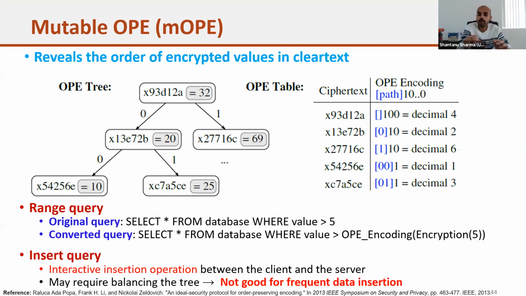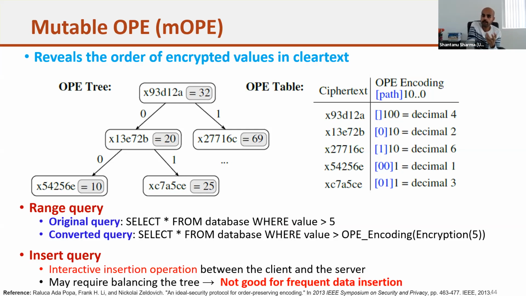In this case, I will outsource this ciphertext and this OPE encoding to the cloud side. Now the cloud can traverse the values. If I ask for any value, it can directly perform a range or comparison operation. Now see how it can execute a range query. Suppose I want to fetch all the values that are greater than 5. I need to convert this query.